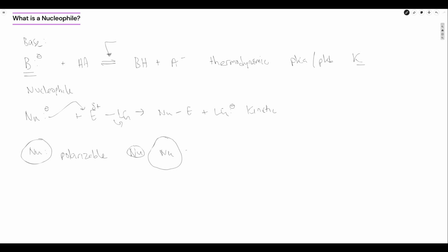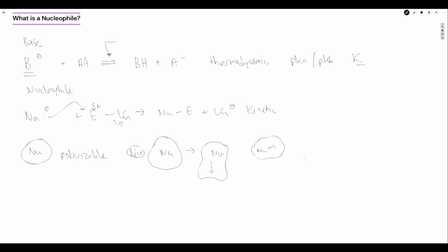And what that means is that the nucleophile is able to polarize itself, something like this. Maybe it polarizes itself this way a little bit, or maybe a little bit this way. And therefore the electron cloud is more polarizable and more available for an attack. This is absolutely not a thermodynamic property. This is very much just a kinetic property.